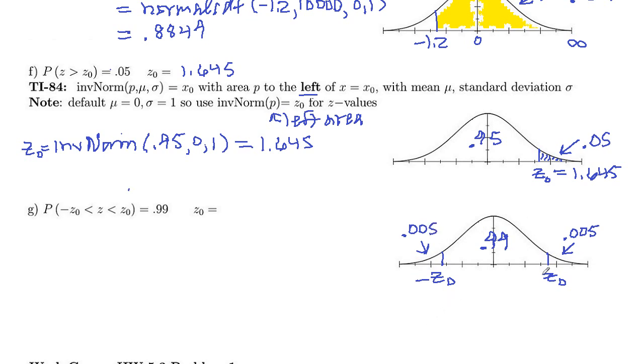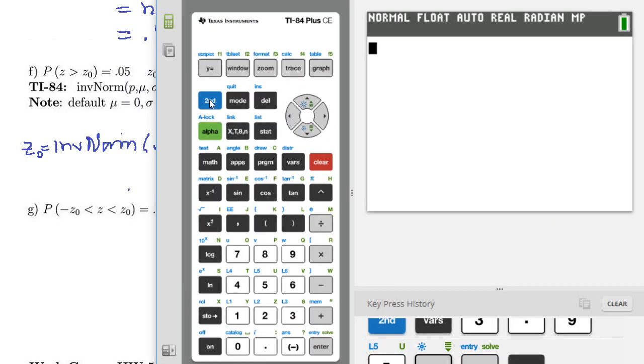So that means that for z0, the left area is really 0.99 plus 0.005. So this is going to be inverse norm, and then our left area is 0.995, and then 0, 1, mean, standard deviation. Let's compute that. I'm going to clear out here.